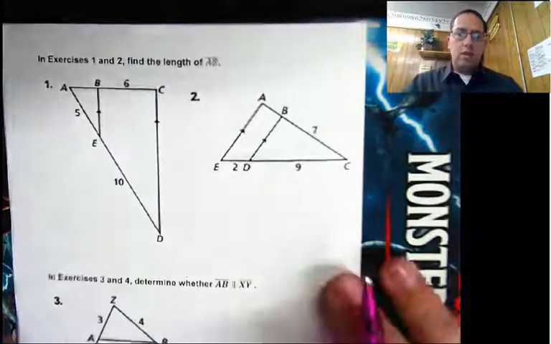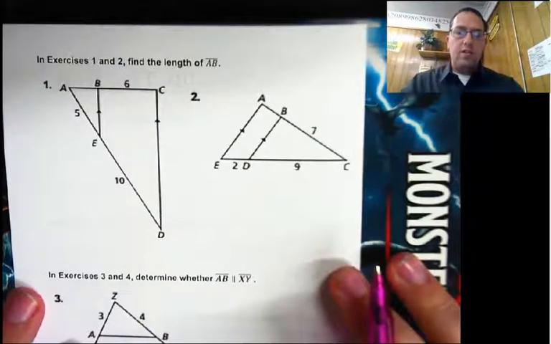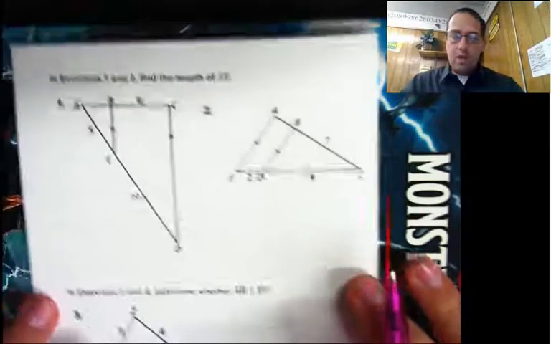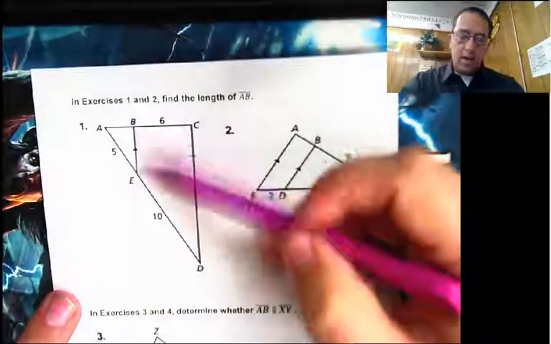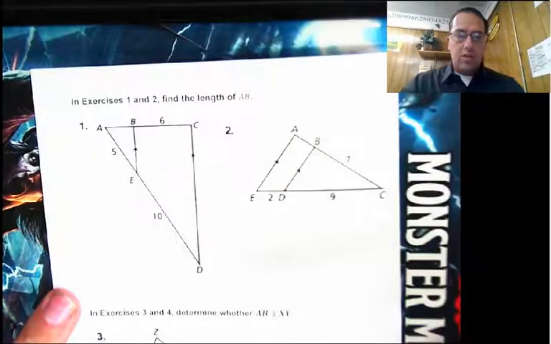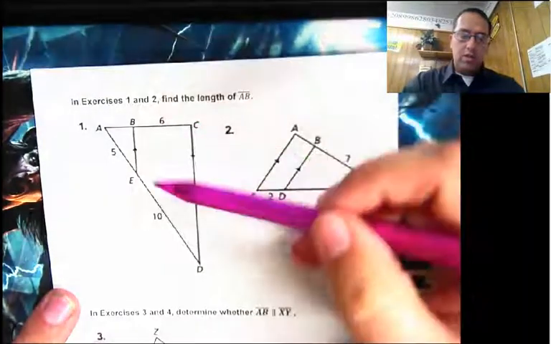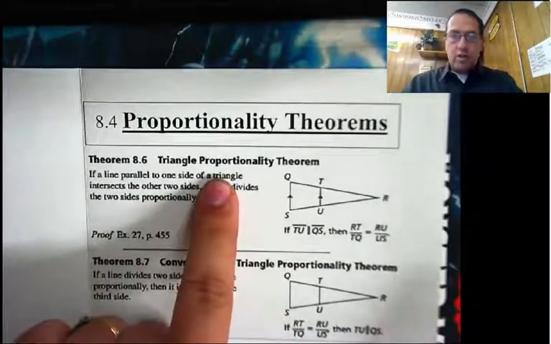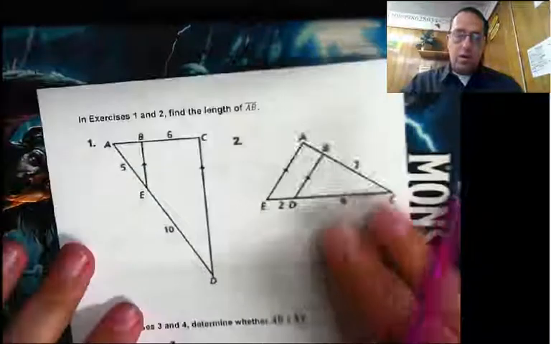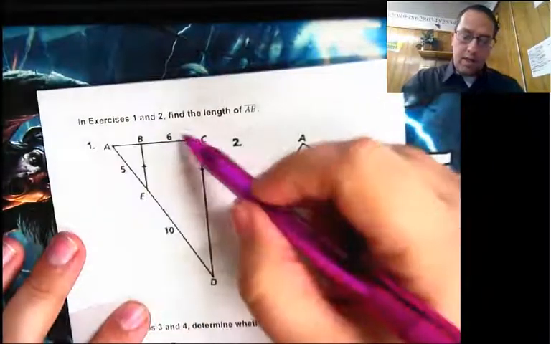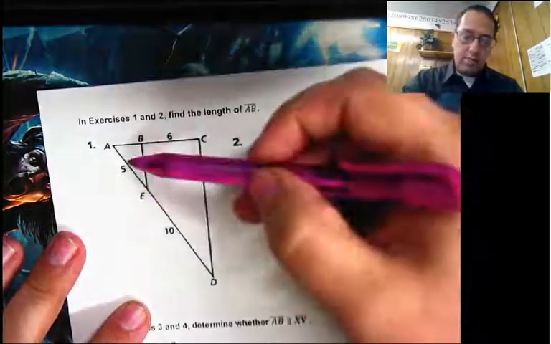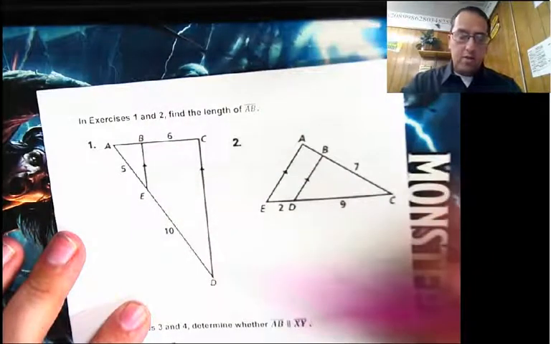Here, what we need to do is find the length of segment AB. We have a triangle with a line in it that is parallel to one side of the triangle, and it intersects the other two sides. So this is the triangle proportionality theorem. What this means is that AB to BC is proportional to AE to ED.